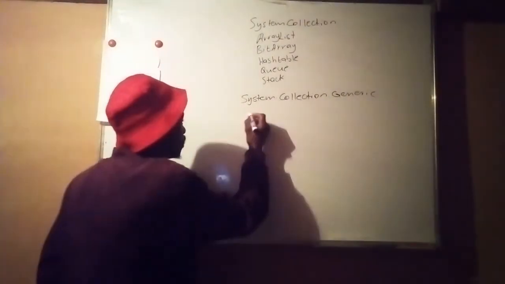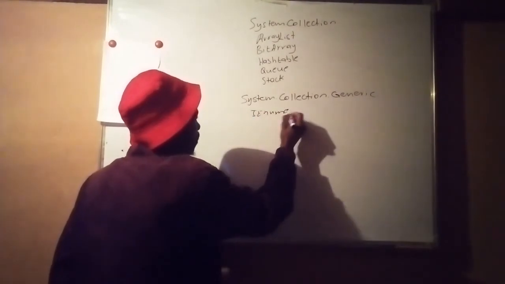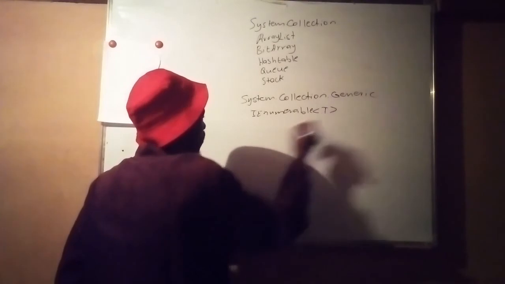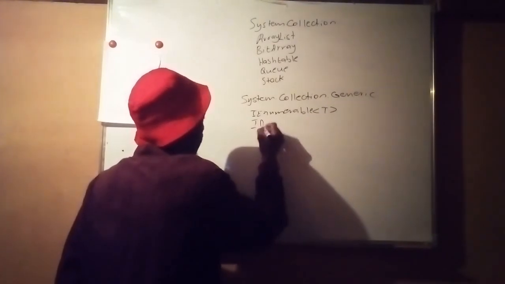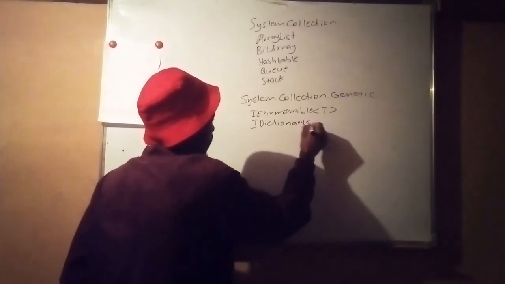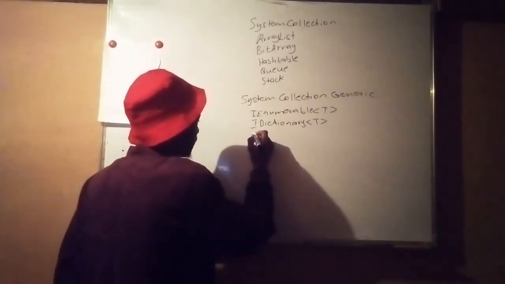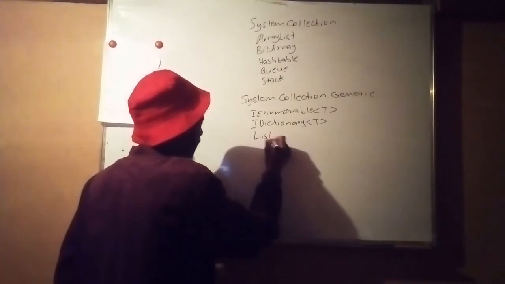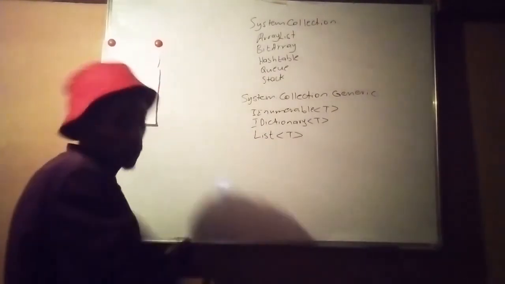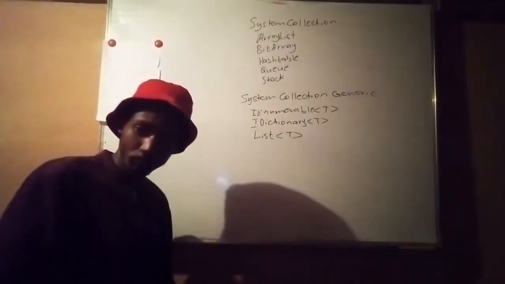And those types include types such as IEnumerable<T>, Dictionary<T>, and List<T>. So there's a list of these types, but these are a few of them.